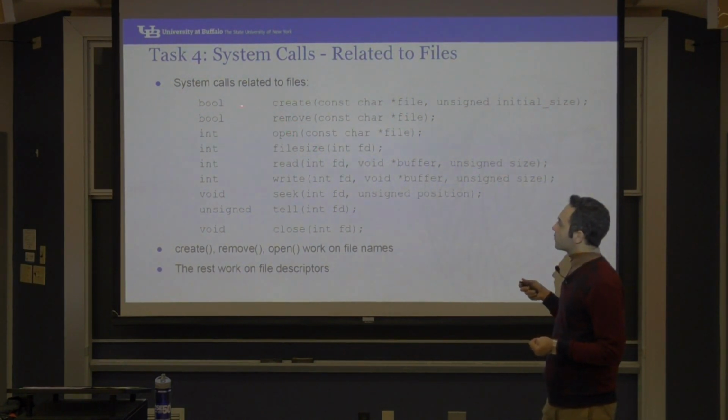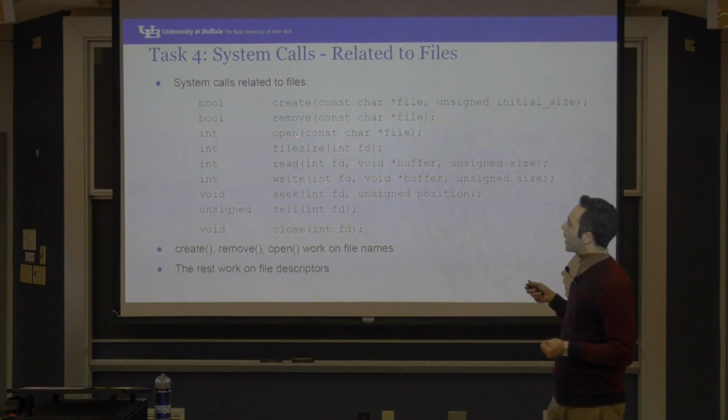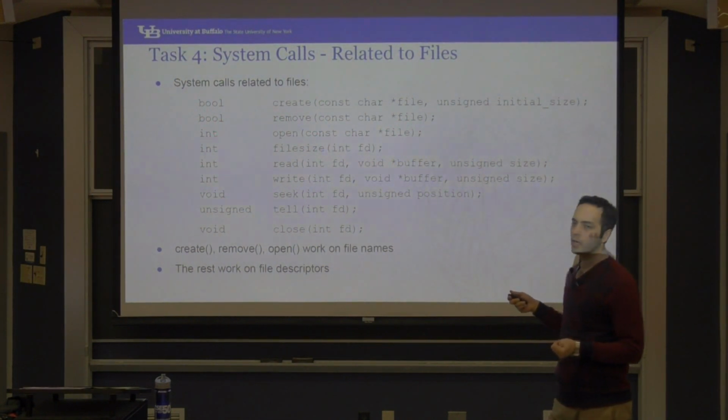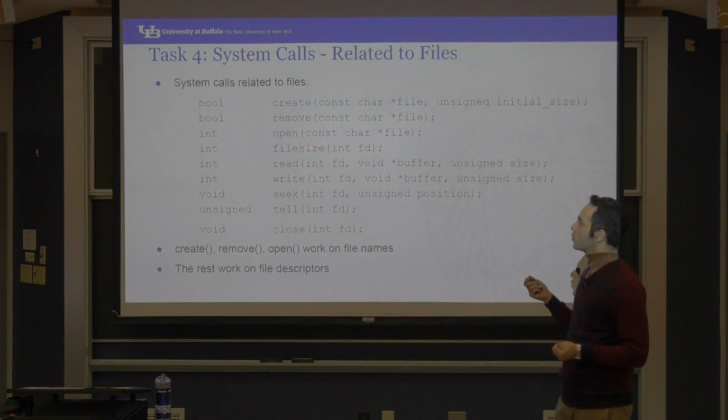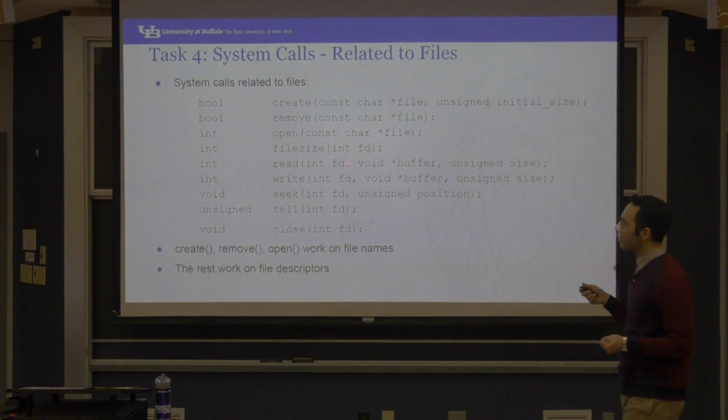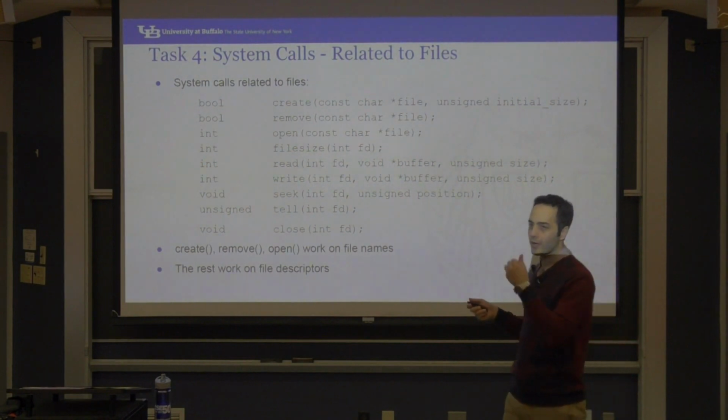Removing a file, again returns a Boolean. Open a file, returning a file descriptor. And then using that file descriptor to retrieve the file size as an integer, and reading from that file with the file descriptor so many bytes into this buffer, and the return value will be the actual number of bytes read.